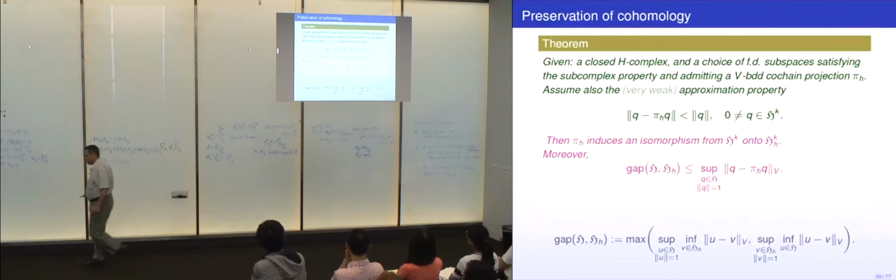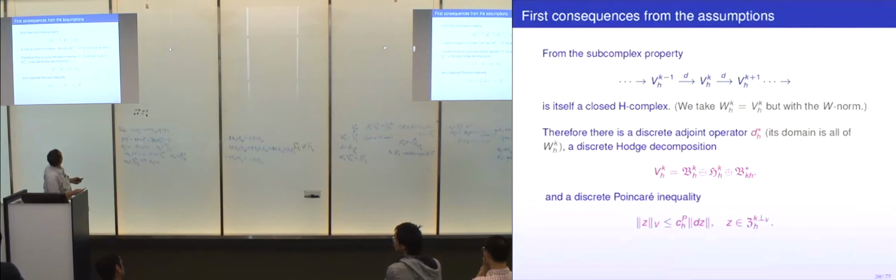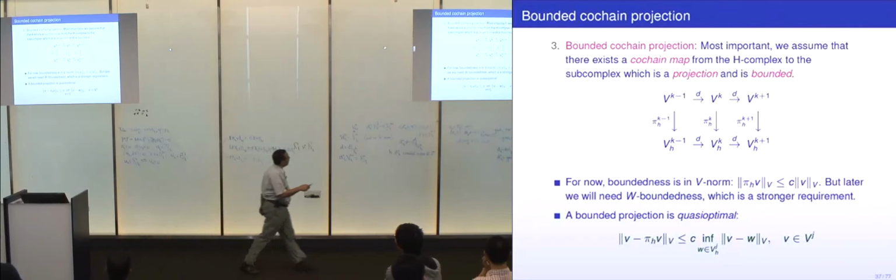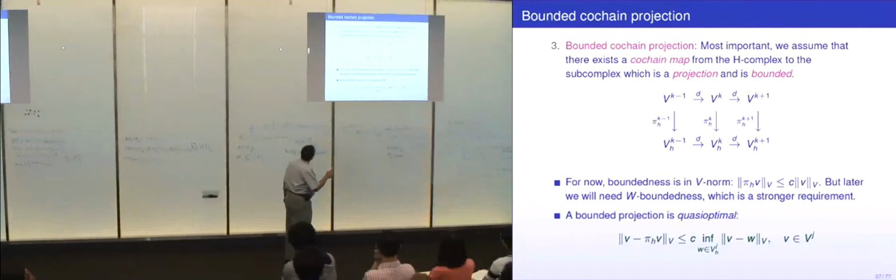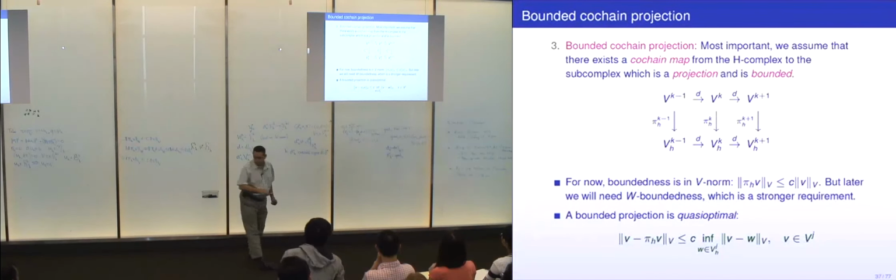Actually, it's time to make an observation. I thought I did make it on the previous page, but I didn't say it. The pi h operators, besides being commuting cochain maps, are bounded projections. And any map that's a bounded projection is a quasi-optimal approximation, right?